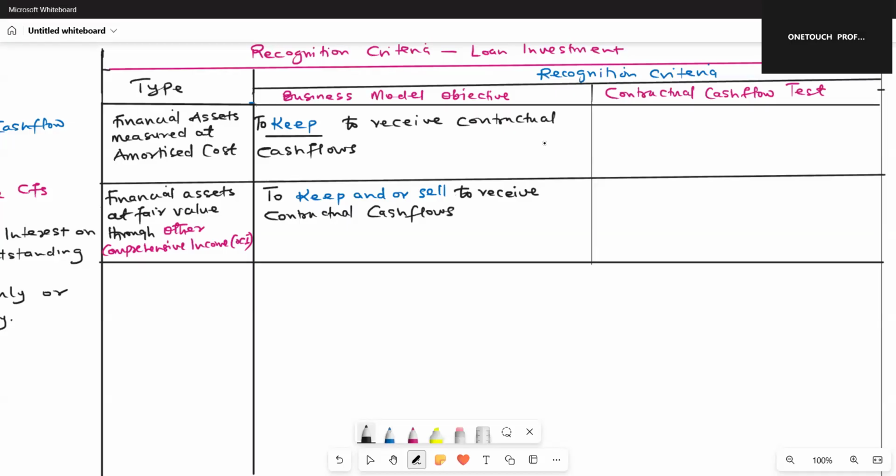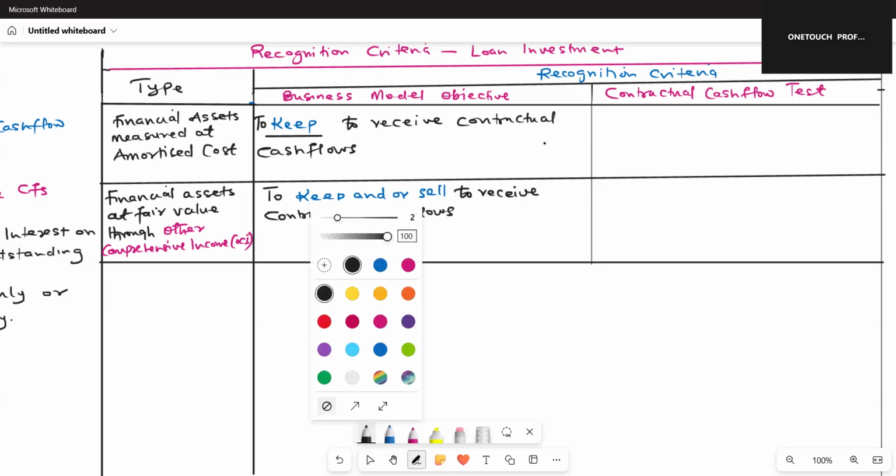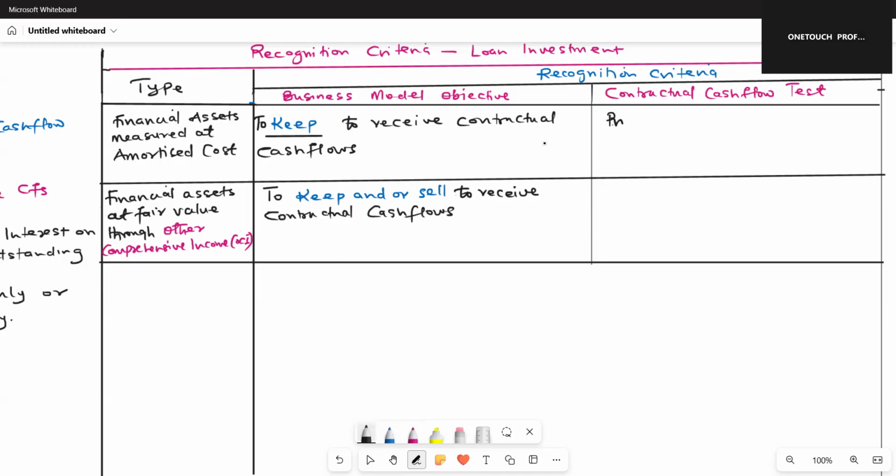Now, their cash flow characteristics are the same in terms of the qualitative characteristics, but the amount cannot be the same. Take note, I'm saying that the characteristics of the cash flow are principal plus interest on principal outstanding.